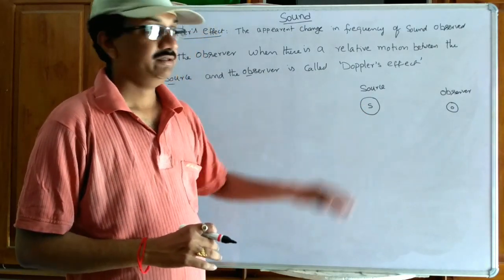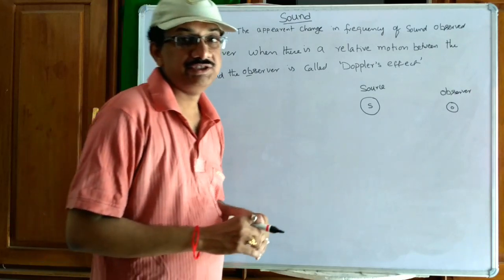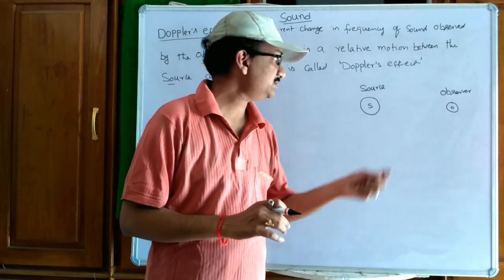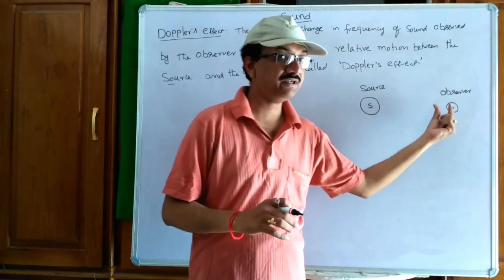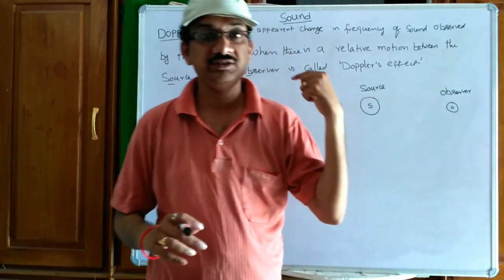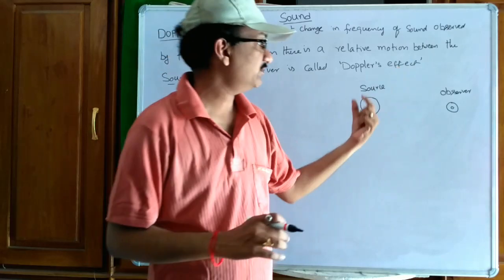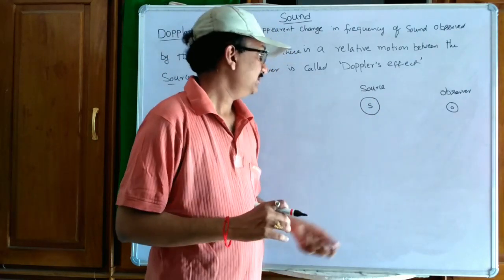Here we have to find the apparent change. Apparent change means it is not a real change, but the observer feels that the sound is increasing or the sound is decreasing.